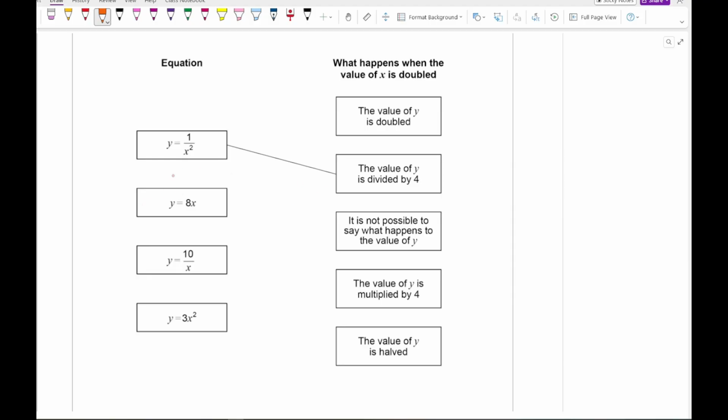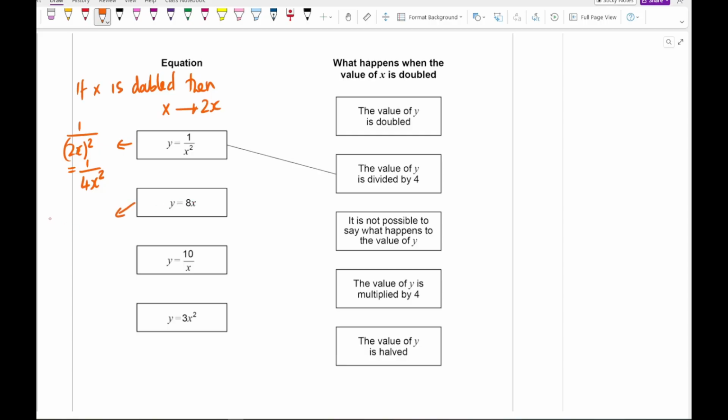So if x is doubled, then we swap x with 2x. So this becomes 1 over 2x squared, which is going to equal 1 over 4x squared. So this one has been divided by 4, which is correct.